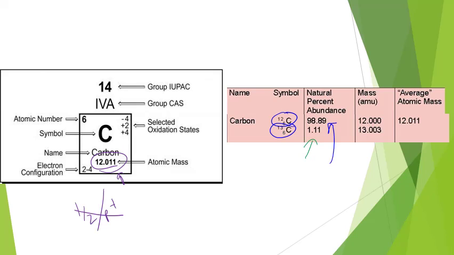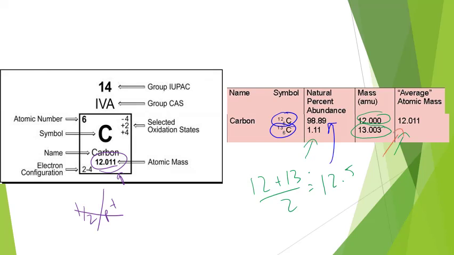Carbon 12 has a mass of 12, carbon 13 has a mass of 13. But from your math, you know that 12 plus 13 divided by 2 gives an average of 12.5. Why is this 12.01?